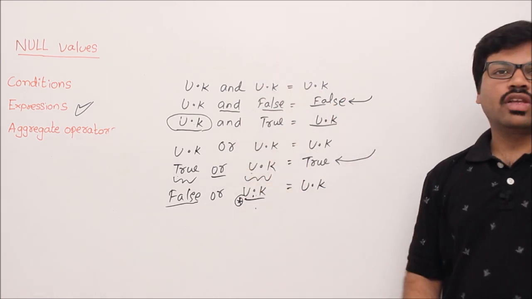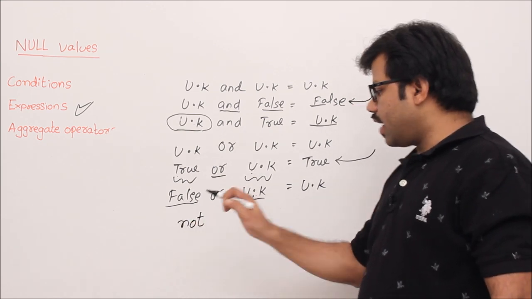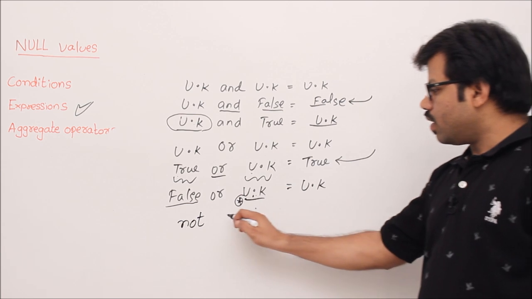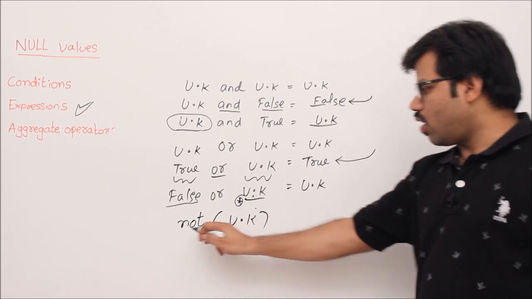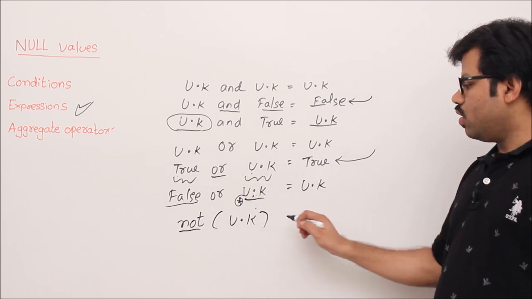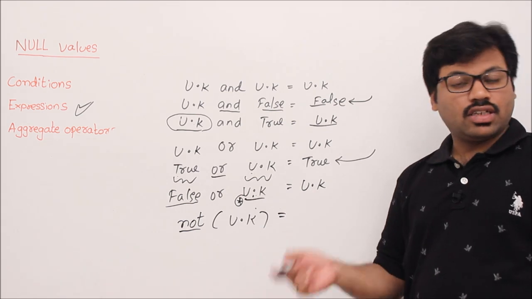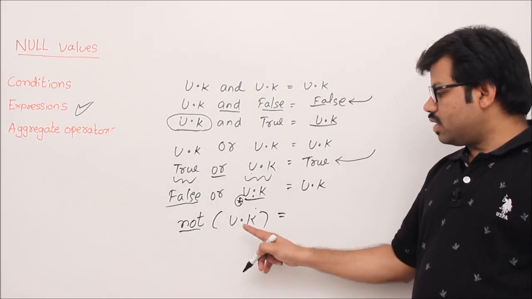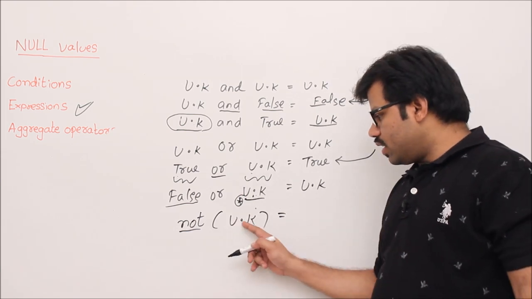This is the data. Now for example, you are evaluating this kind of expression, not of unknown. What is this not of unknown? You have the not operator, let's say, and unknown. So that should be evaluated to what? Not of true is false, not of false is true. But this unknown value is neither true nor false, correct? So that's why we don't know what this unknown value is.